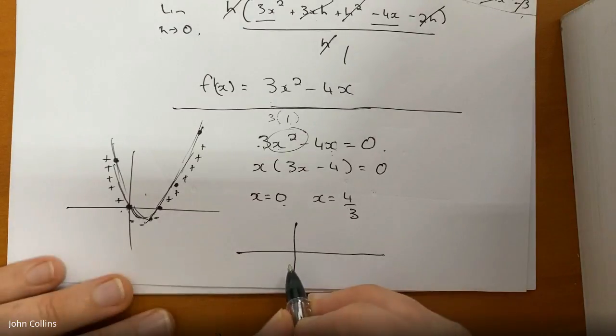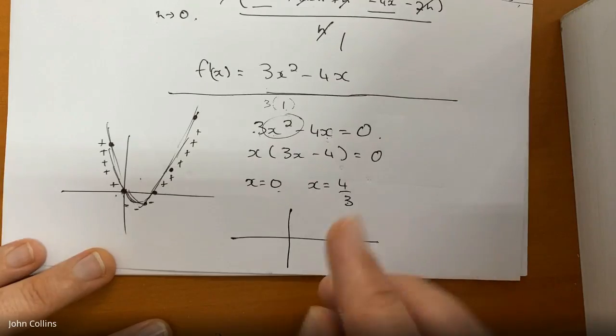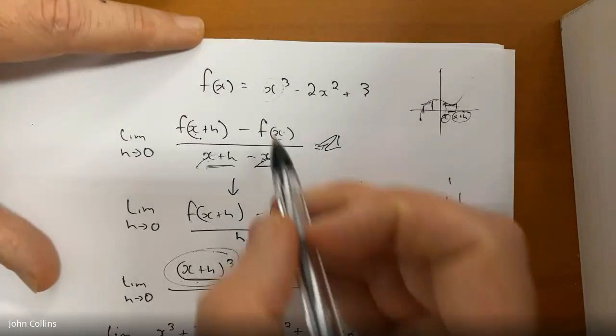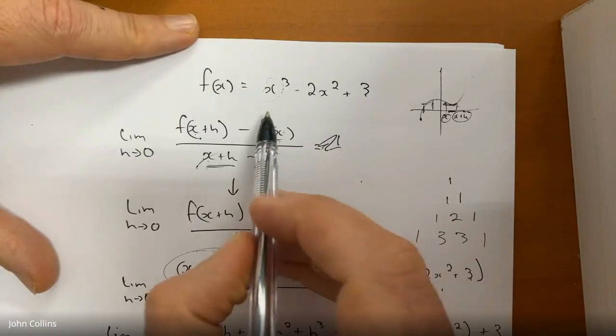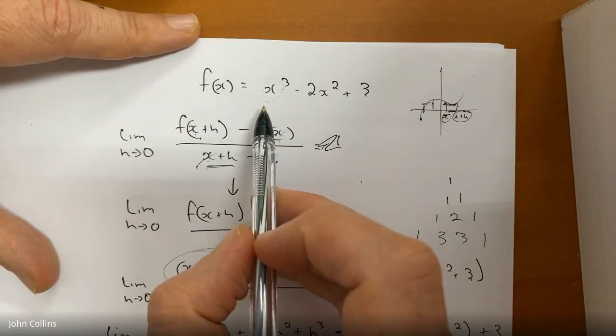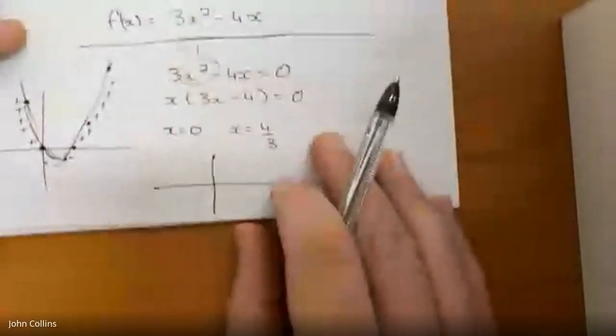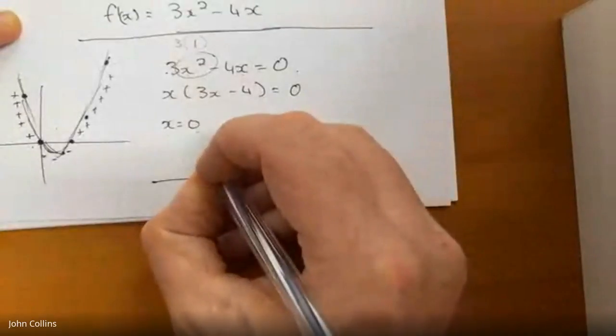That's a stationary point then? Yeah. Does that mean that's the point there, 0, 0? Not necessarily, no. Actually, you can probably tell me what the point is from the graph function. What's that point when x is 0? 3. 3, yeah. So actually, in this one, there.